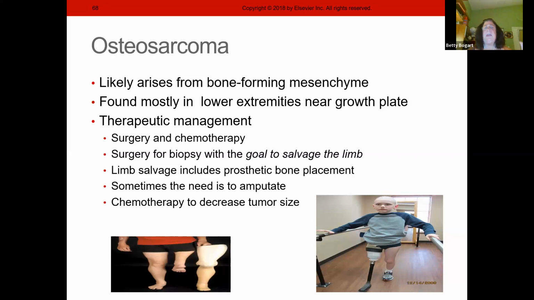So you'll do the chemo, we'll do the surgery, we'll turn it around, and then it's going to be intensive physical therapy. And hopefully we'll salvage the limb. That is our goal. But sometimes we do have to take the whole thing, do the amputation, but we don't want to.